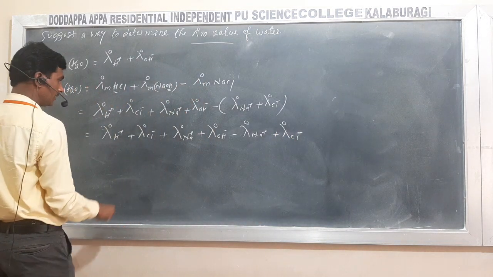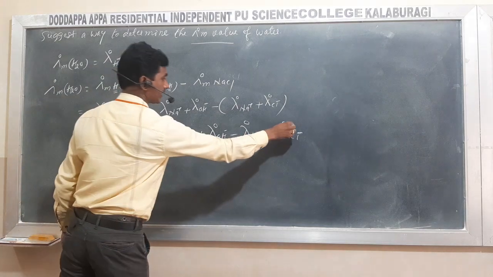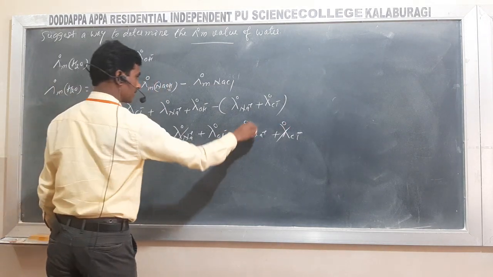Here what happens? Cl minus gets cancelled and Na plus gets cancelled.